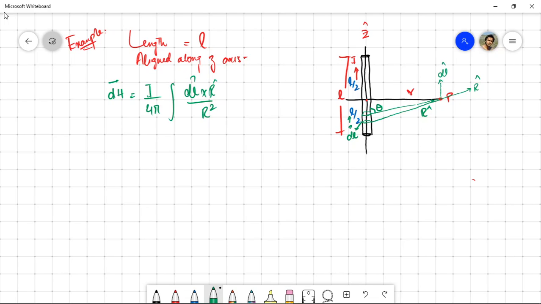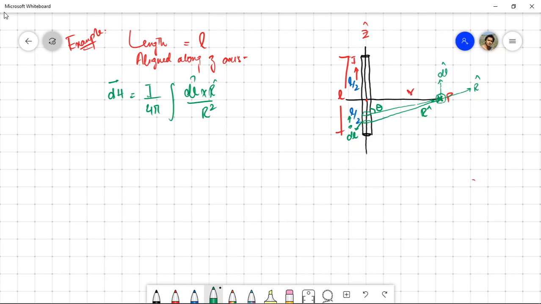Why are we mentioning these unit vectors? Because we want to know what will be the direction of dH at this point. So we'll curl our fingers from dl towards r, and we'll see that our thumb is pointing into the screen, so we'll put a cross here. Now we have drawn this, and right now we'll try to put the values.